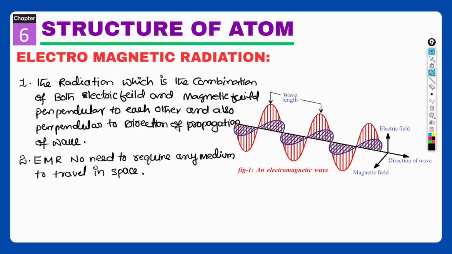Clear? This point is very important. So electromagnetic radiation does not require any medium to travel in the space. For example, sunlight reaches the earth surface without any medium. The sun rays reach the earth surface without any medium. So here sun rays are also one kind of electromagnetic radiation. They do not require any medium to travel in the space.